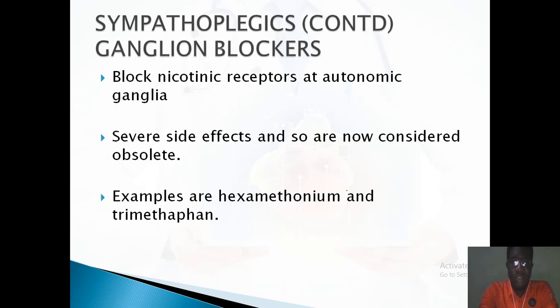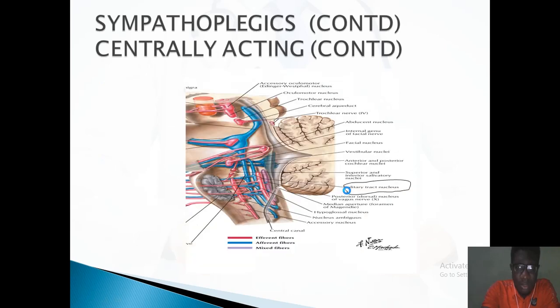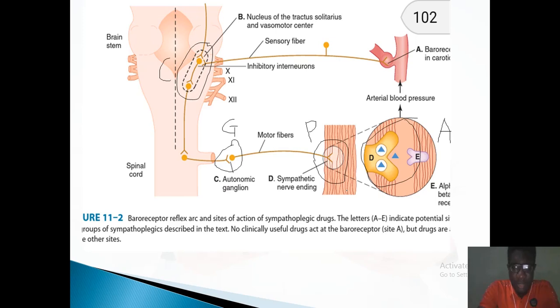So now we are moving on to the ganglion blockers. These guys, they block nicotinic receptors at autonomic ganglia. So we saw that picture the other time. Let me go back. So yeah, these are the ganglionic blockers.